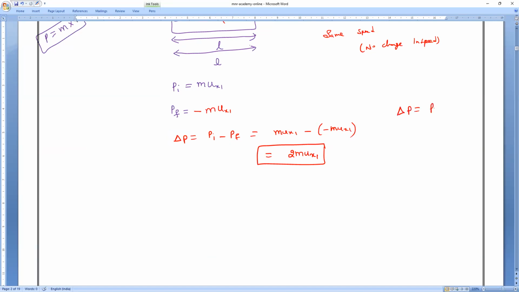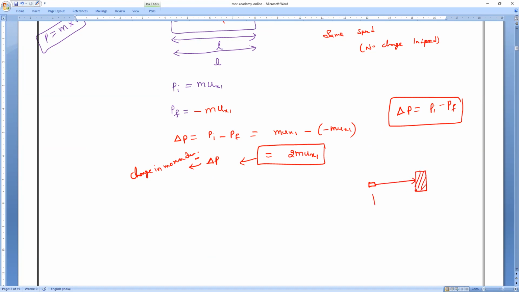Delta P is equal to P initial minus P final. Whatever you take, both will come negative or positive, it doesn't matter. So this is what we call delta P. What do you mean by delta P? Change in momentum.